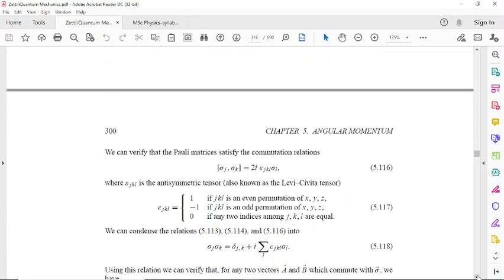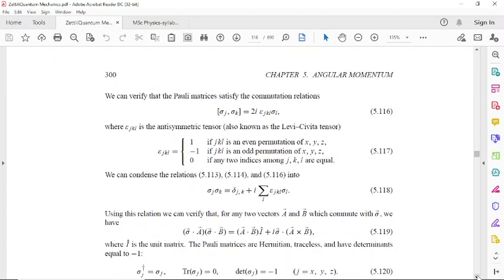And we can verify the Pauli matrices satisfy the commutation relation: commutator of sigma j, sigma k equal to 2i epsilon jkl sigma l.